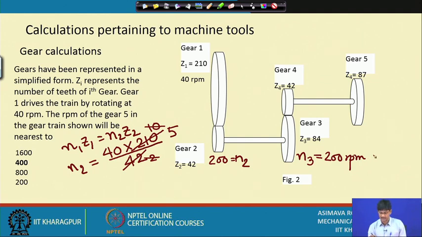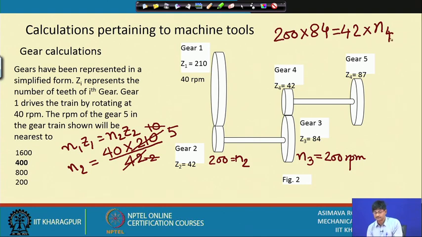Let us apply the same thing here. N3 Z3, that means 200 into Z3, 84, must be equal to Z4, 42 into N4. That is good.